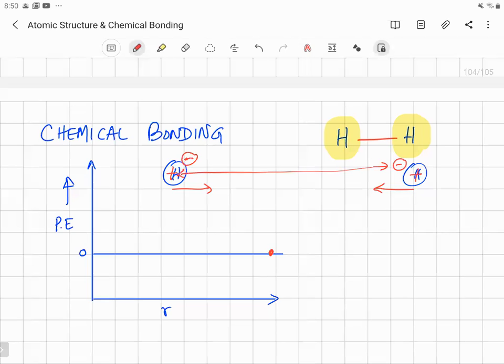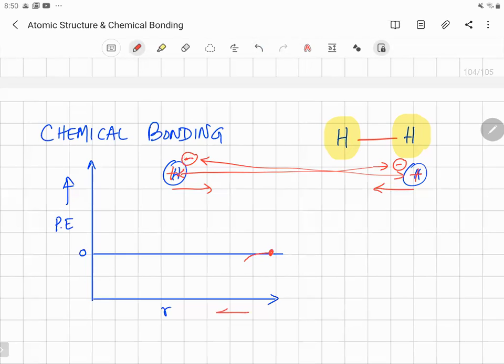So the attractive force starts dominating. The negative charge may repel, but in the first stage the attractive force between the electron and the nuclear positive charge dominates. And if the attractive force dominates, potential energy starts decreasing, going to negative. So it starts going to negative.